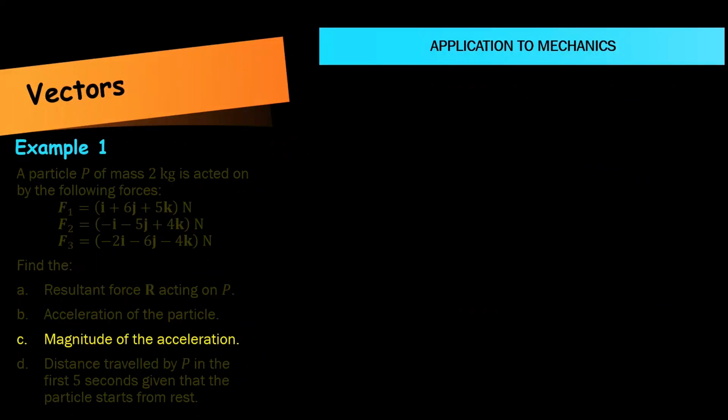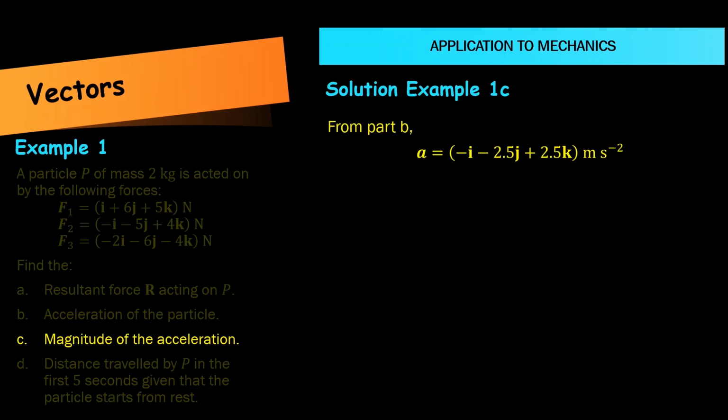Now let's have a go at part C. We are required to find the magnitude of the acceleration. So let's solve this. From part B, we have the value of the acceleration. In order to find the magnitude, we simply apply Pythagoras' theorem.